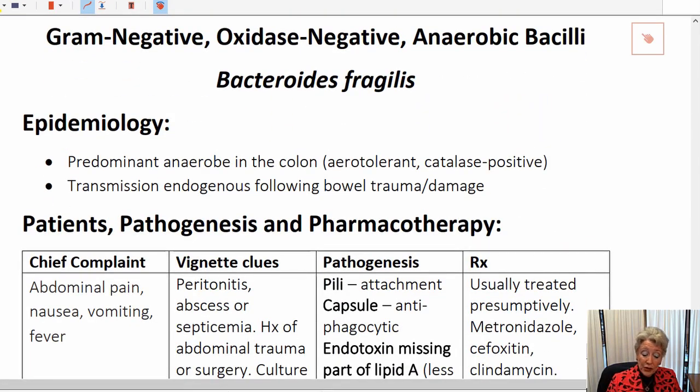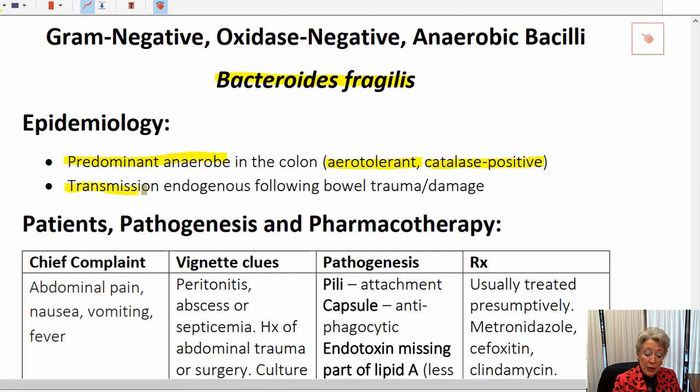Our last gram-negative rod is Bacteroides. Remember, this is the number one anaerobe in your colon, and it's aerotolerant, meaning that it has catalase, which allows it to survive in mixed cultures.